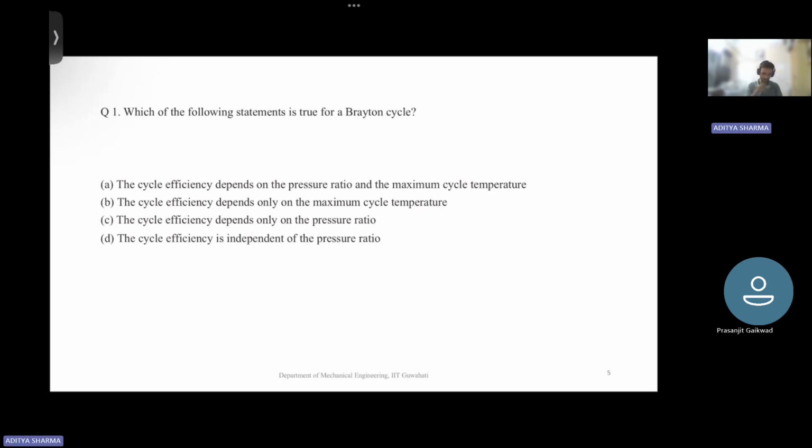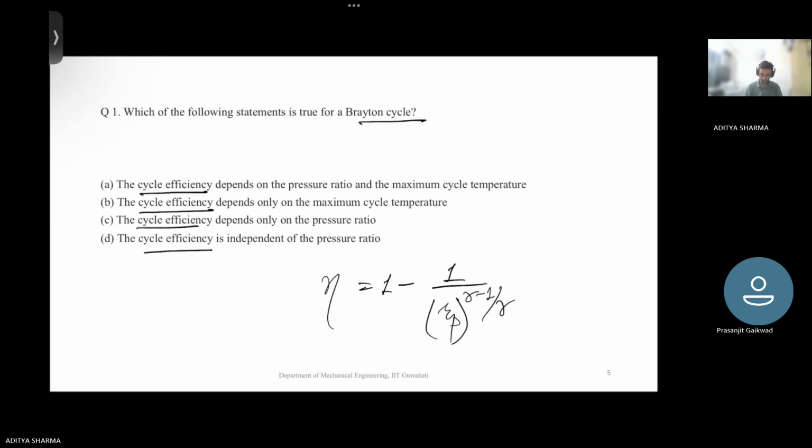Okay, so first question, the Brayton cycle. The options are related to your cycle efficiency. Right? Cycle efficiency is 1 minus 1 by this. I hope this is fine.